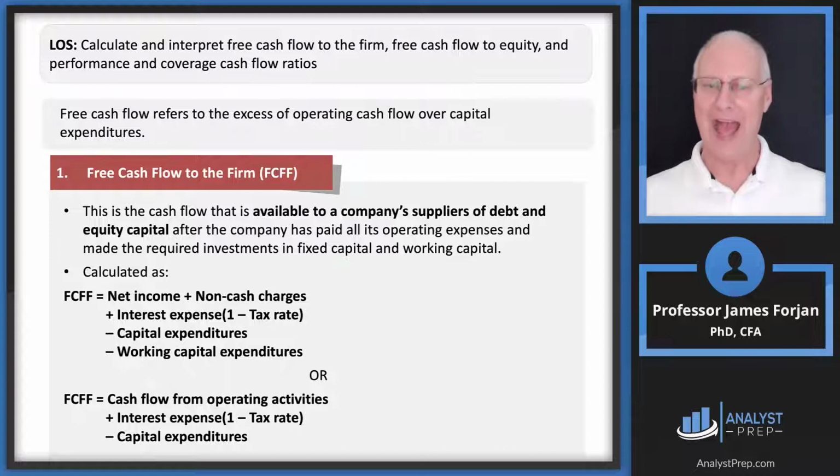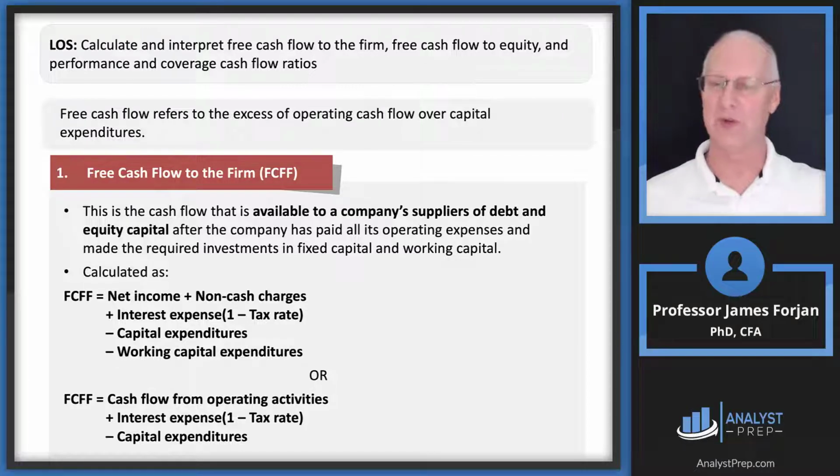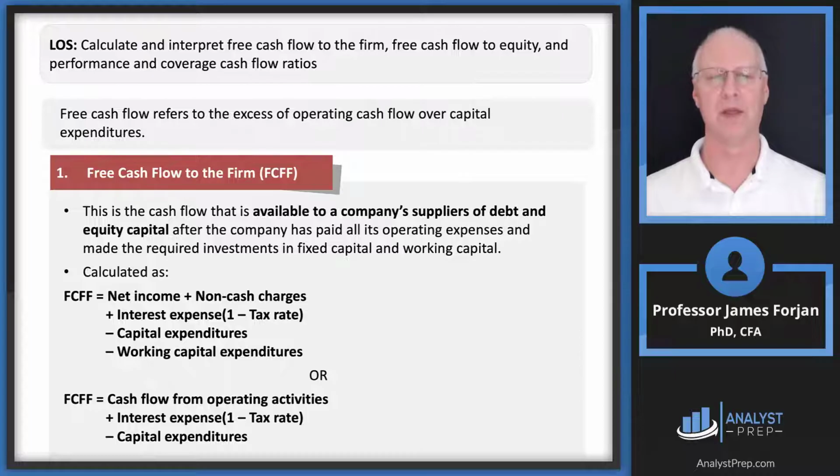And then we're going to add 1 minus the tax rate times the interest expense, because we get a tax subsidy from the federal government because the interest expense does in fact show up on the income statement. And then we're going to take out long-term investments. The reading refers to that as capital expenditures, and take out short-term investments. The reading refers to that as working capital expenditures.